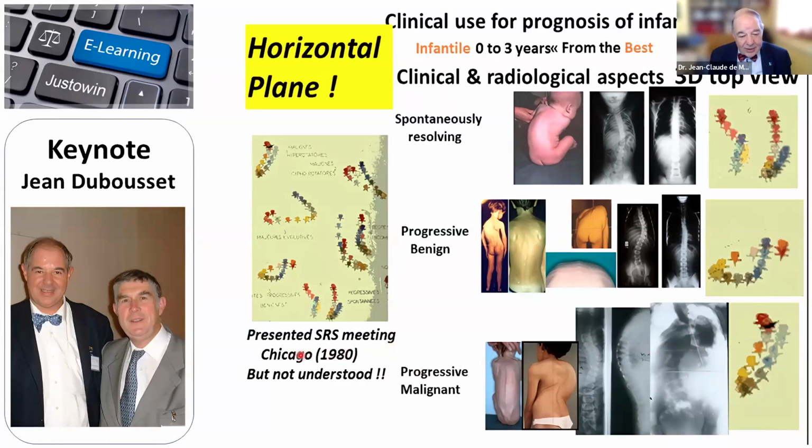And this is a slide of Jean Dubousset. He presented this at the SRS meeting in Chicago, 1980, but no one understood the horizontal plane. At this time, the surgeons especially were only working in the frontal plane.